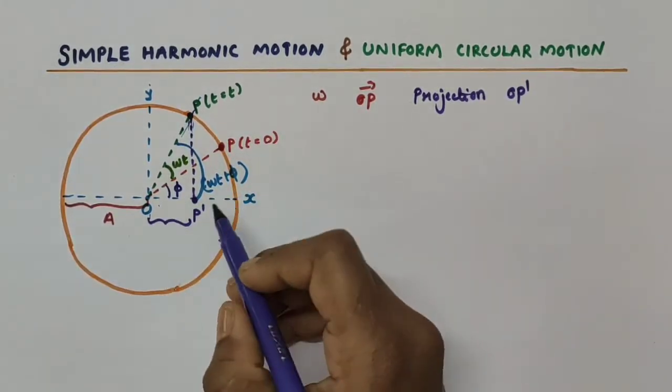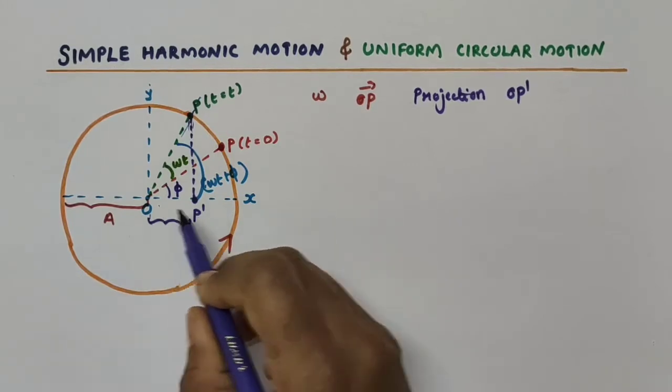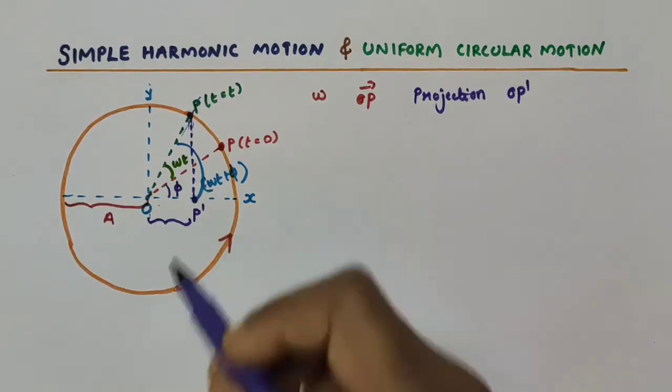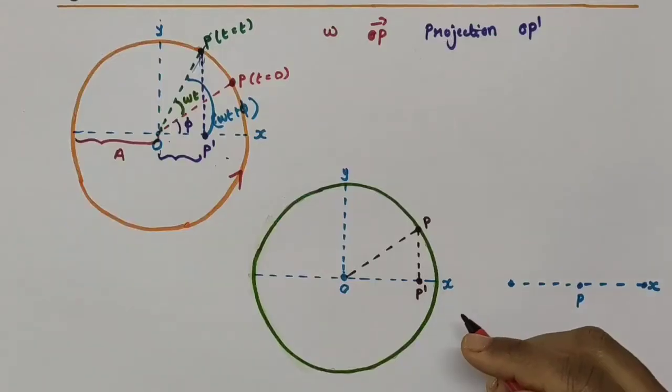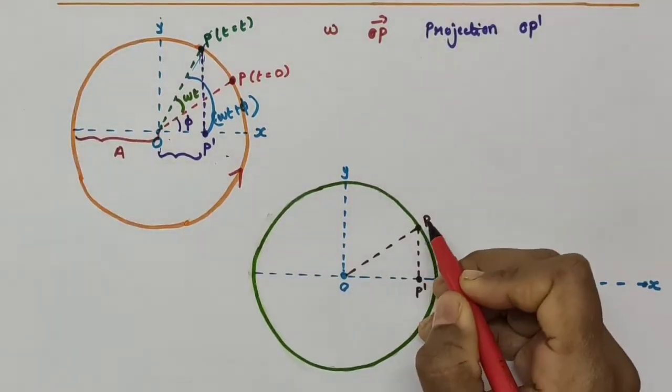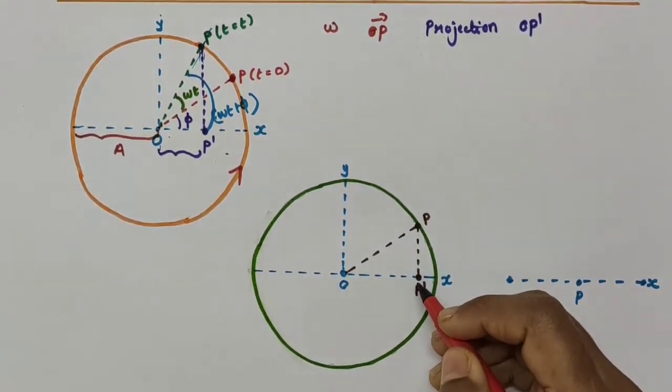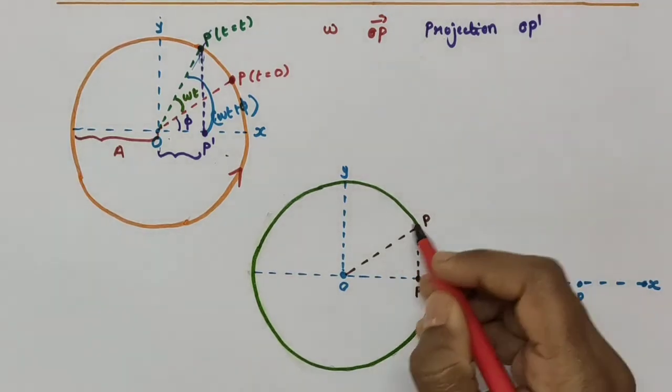The position of P dash on the x-axis varies as the particle moves on the circle. See, when the particle is here, its projection P dash is here. OP dash is the projection of this position vector.